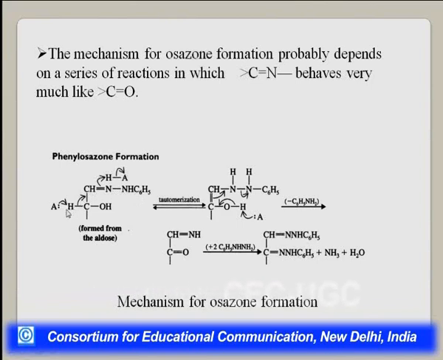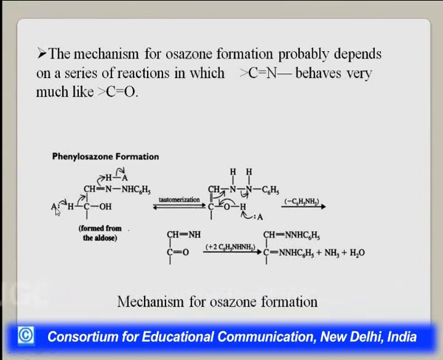Now what happens after that? This base will abstract this proton, followed by this kind of rearrangement and tautomerization, and another 2 molecules can come over here, one here and one here, and you will get this kind of osazone. So clearly you can see what kind of rearrangement took place over here.